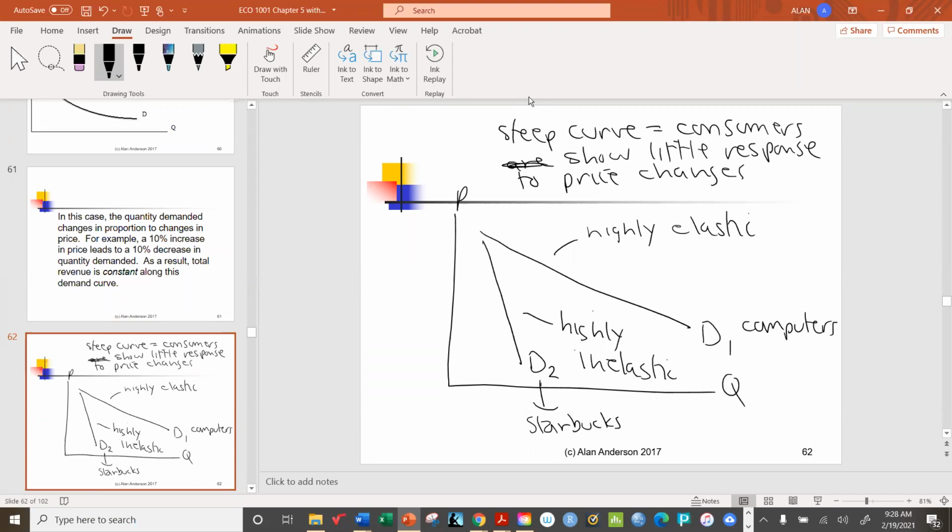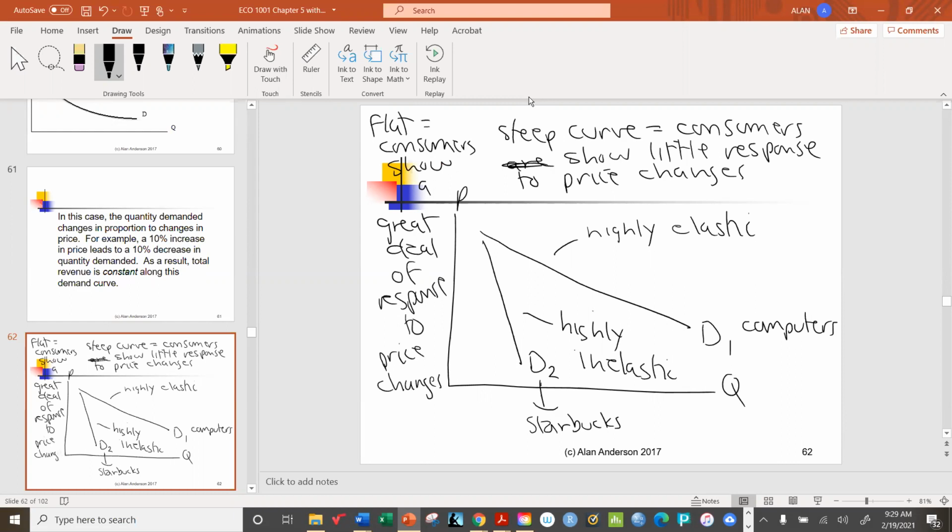And with the flat ones, consumers show a great deal of response to price changes.